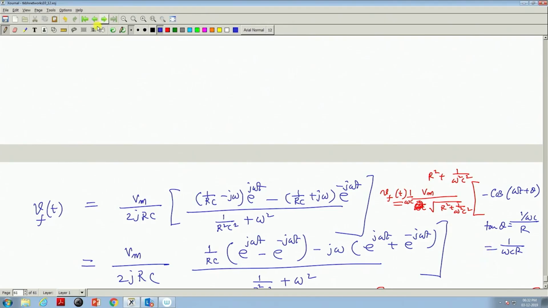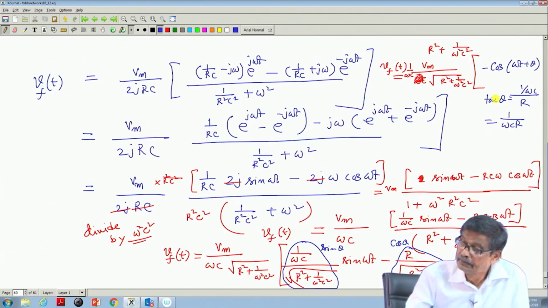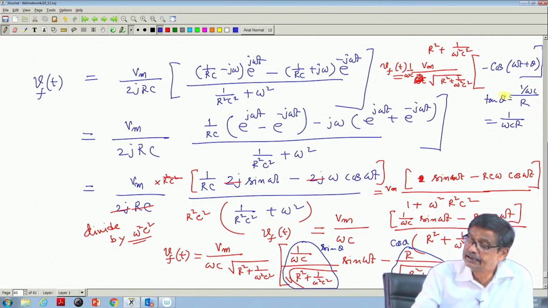What has happened? So, this will be the voltage, everything is defined, where tan theta is this one.